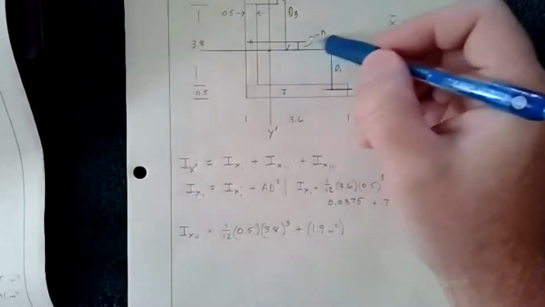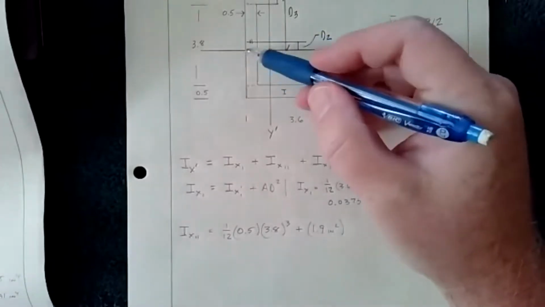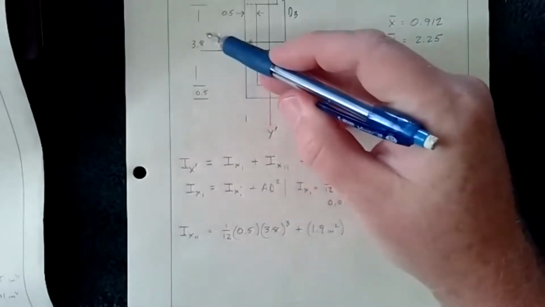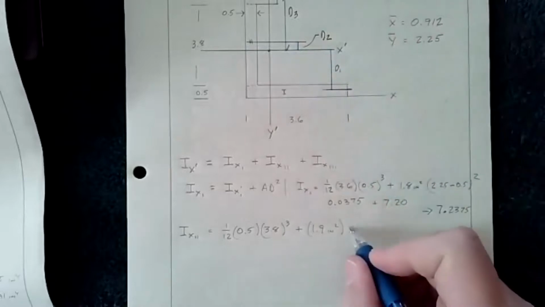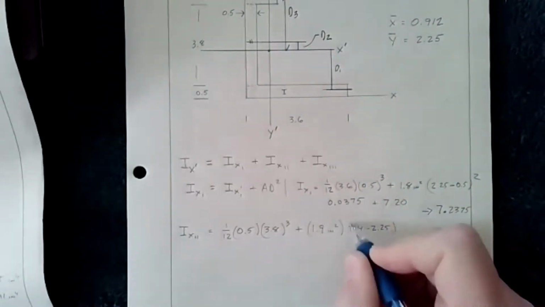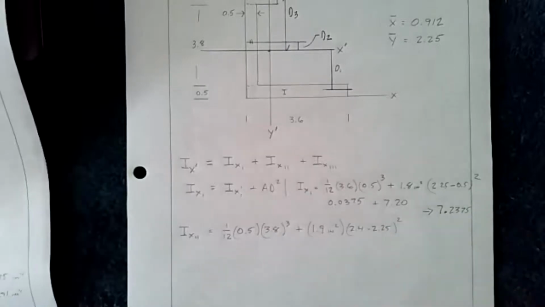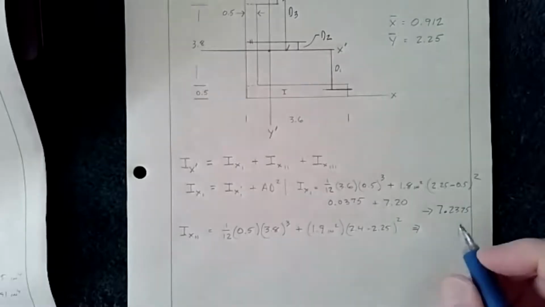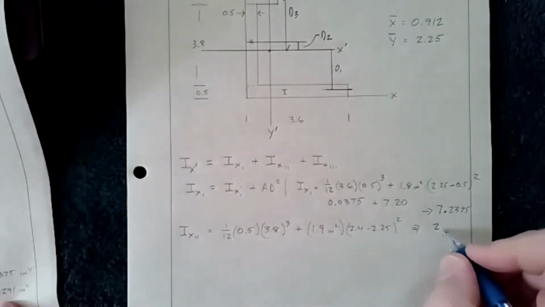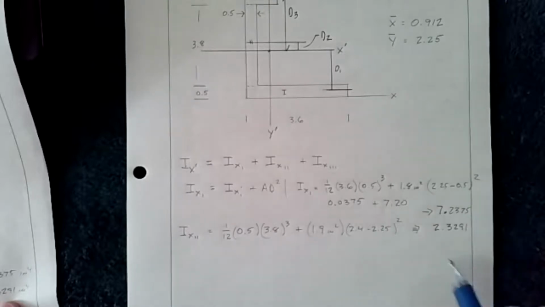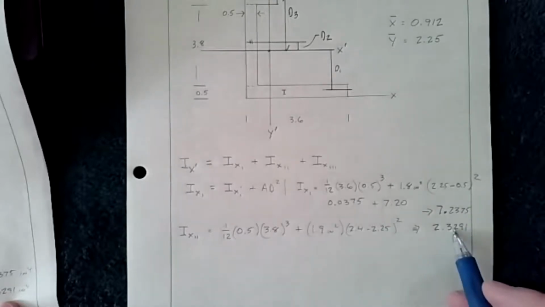This distance here, the centroid, is going to be half of this, or 1.9 plus 0.5, which is 2.4. So 2.4 minus 2.25 squared. And all of that added together gives us 2.3291. You can round while you're doing it, but that's that value.